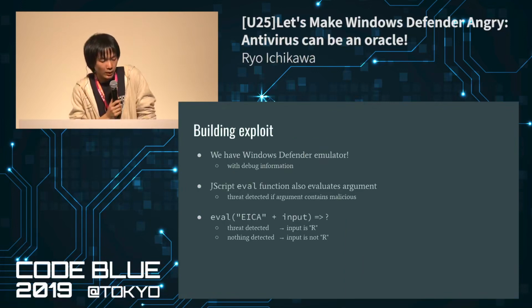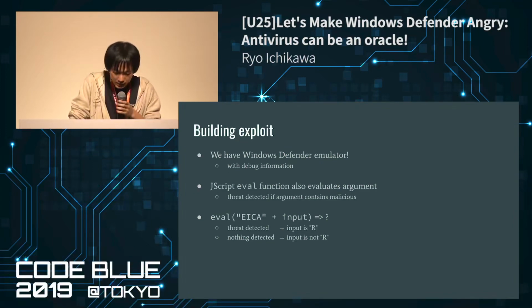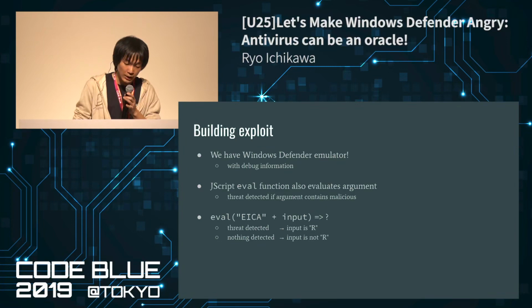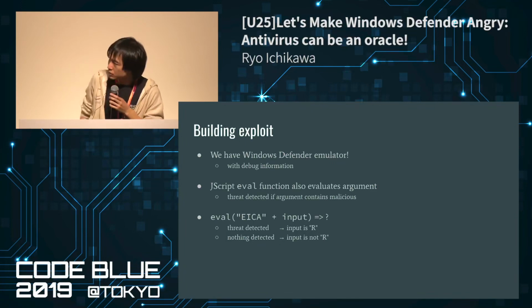So let's think about building exploits. We have the Windows Defender emulator with debug information, and the JScript eval function also evaluates arguments. How about concatenating part of an Acre signature and some input like this?